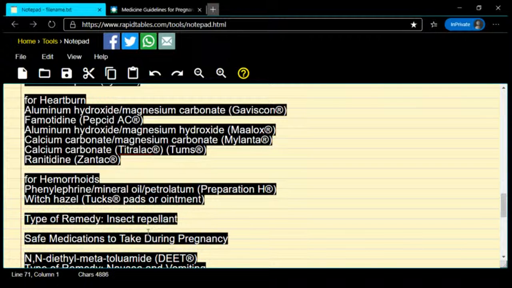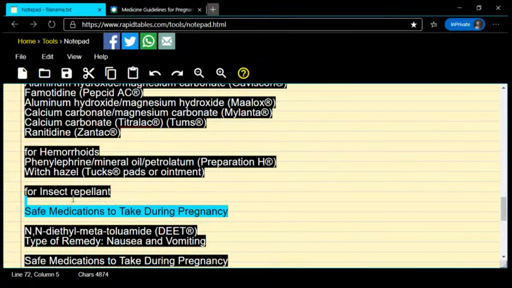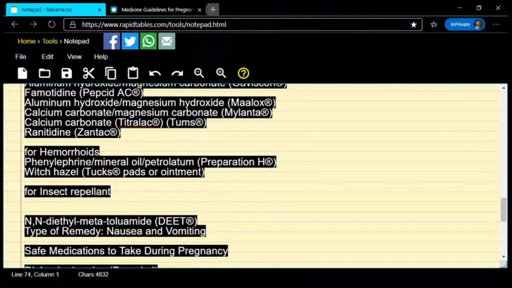Remedy for insect repellents. And this is medication safe to take during pregnancy.